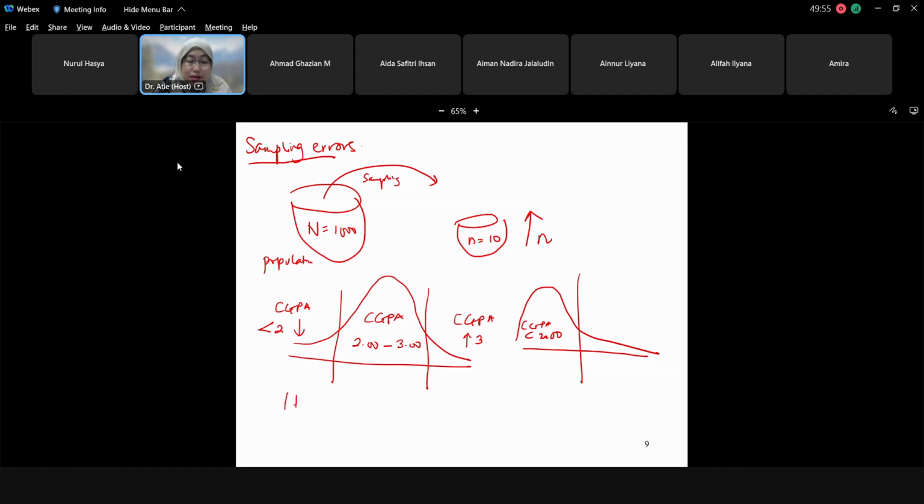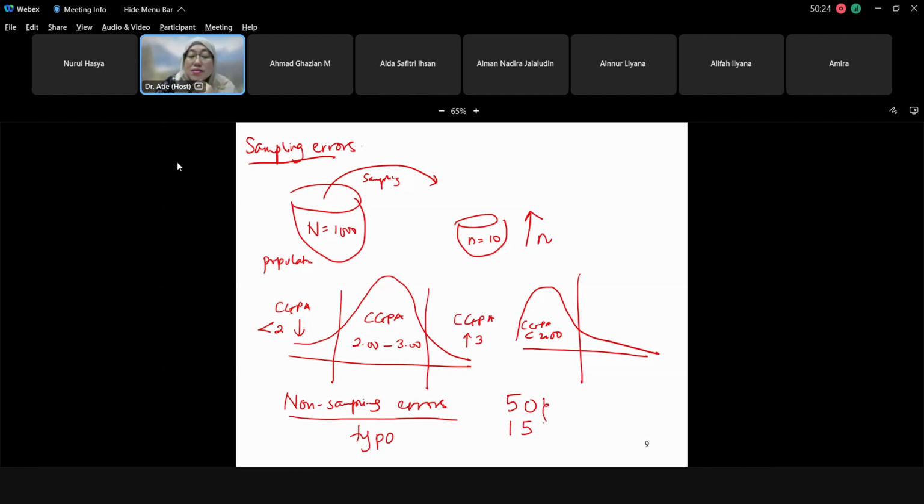Non-sampling errors mean errors that occur not because of the sampling process but come from the researcher himself. For example, a typo: instead of typing 50, they enter the data as 15.